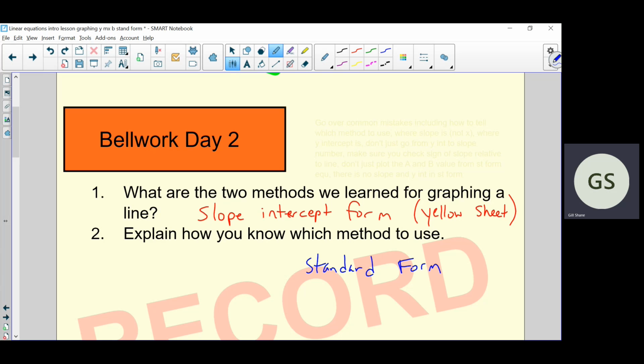The way you'll remember it is that's when we plugged in 0 for x, solved for y, and then we did the same thing, only we plugged in 0 for y, and then we solved for x.